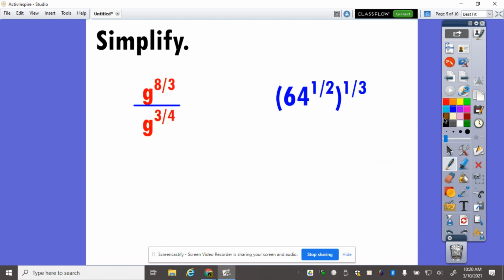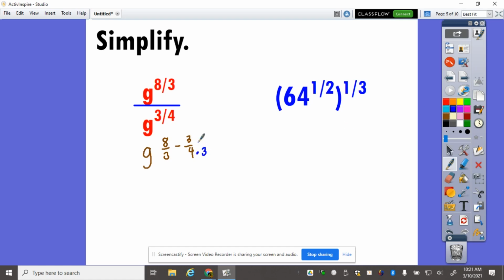Next, simplify G to the 8/3 divided by G to the 3/4. And again, here we're dividing, so we're going to apply the quotient rule. We will subtract the exponents. So G to the 8/3 minus 3/4. Now they do not have the same denominator, so we need your fractions skills here. You can use your calculator, but I'll show you at least the manual way.